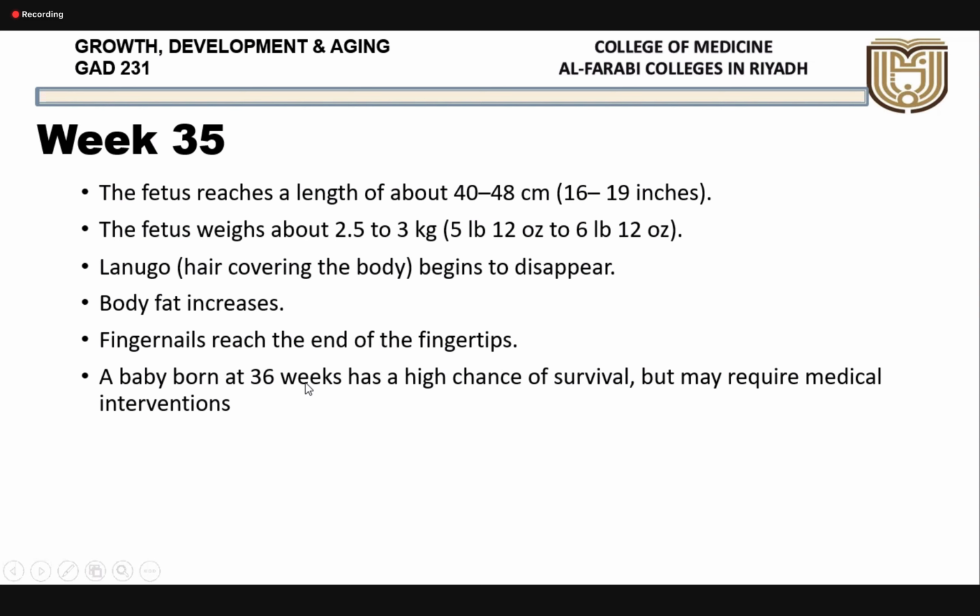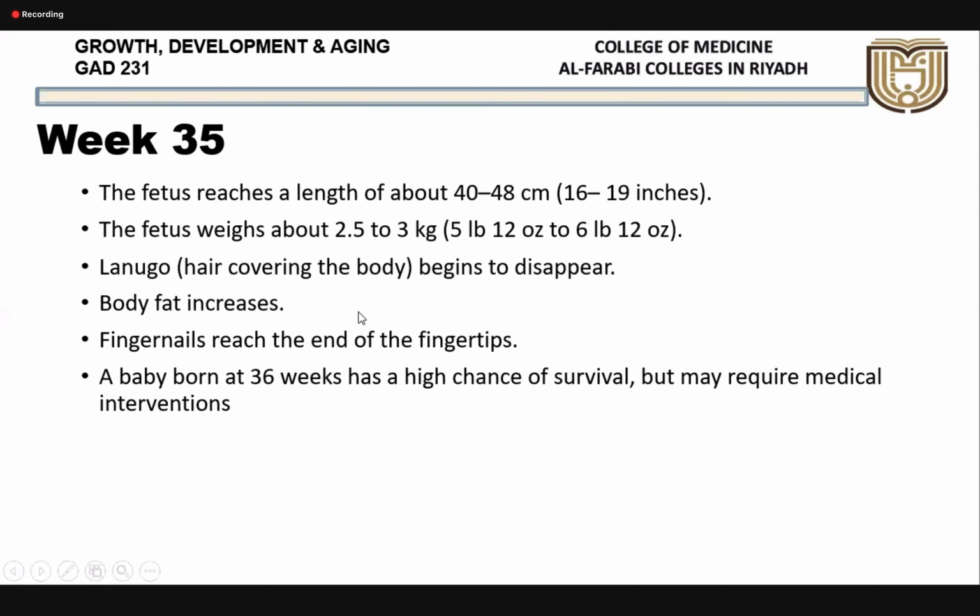A baby born at the 36th week has a higher chance of survival, but may require medical intervention. Usually after this stage, the fetus has already reached the size it has to reach, 16 to 19 inches, the weight is good, 2.5 to 3 kilograms, and there is a good quantity of fat within the body.